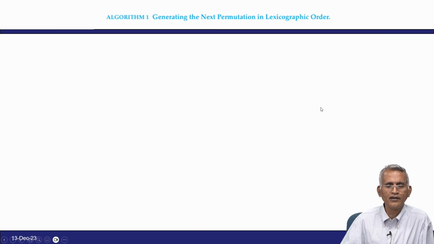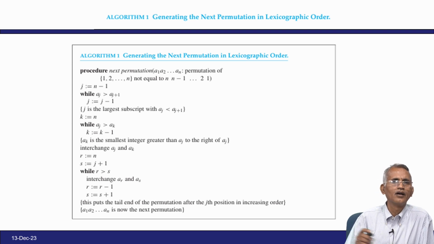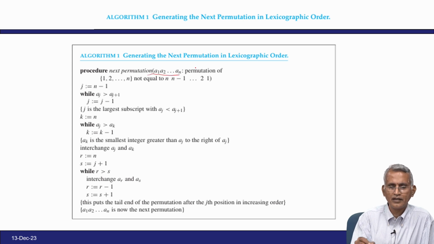Next, we have an algorithm for generating the next permutation in lexicographic order. Algorithm 1 states the procedure of the next permutation: given a1, a2 and so on to an, a permutation of 1, 2, 3 and so on to n not equal to n, n minus 1 and so on to 2, 1.